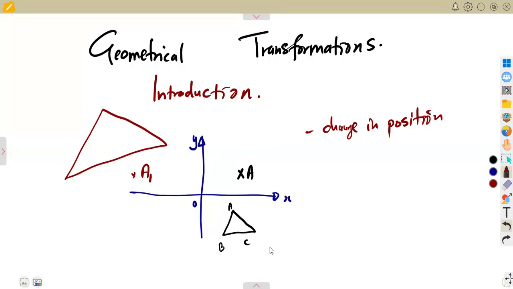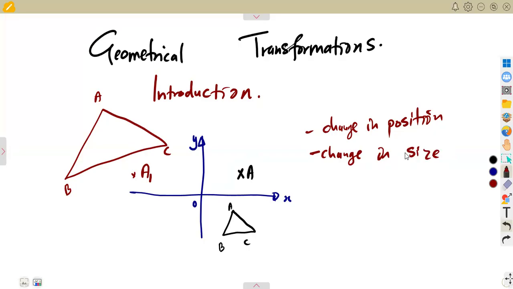The fact that the triangle is no longer at the position where it was, that's a transformation. So in terms of a shape, it's not just about the change in position, it's also about the change in size. So transformation can also be referred to as the change in size.